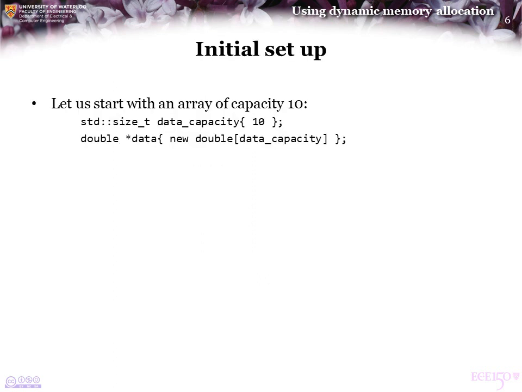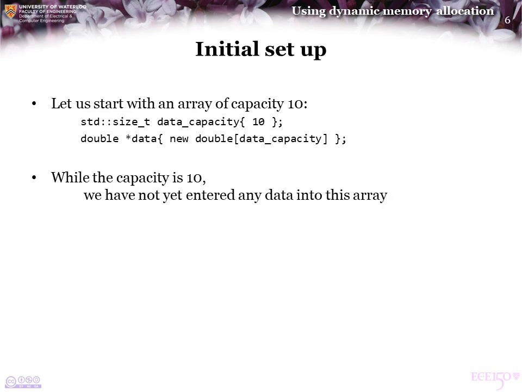Alright, for our initial setup, let's just start with an array of capacity 10. This capacity may have to change over time, but there's no reason not to start with some small number like 10. Now, there's an interesting thing here, however. While the capacity of the array is 10, we have not yet entered any data into this array yet.